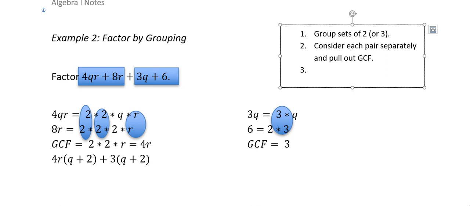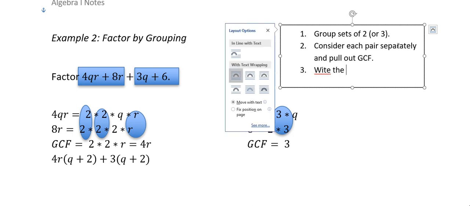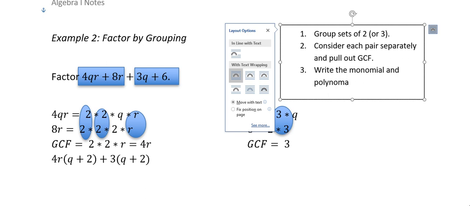I didn't write the next step down, so I apologize. You will write the monomial and polynomial pairs, just like we did in the first part of the section, but now we have 2 because we grouped 2 different things together.